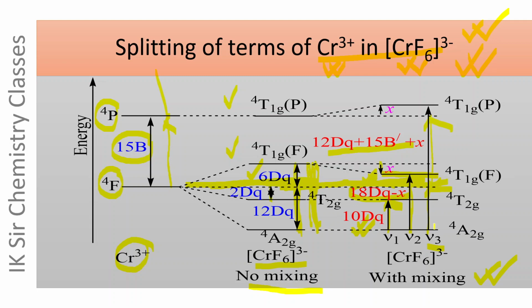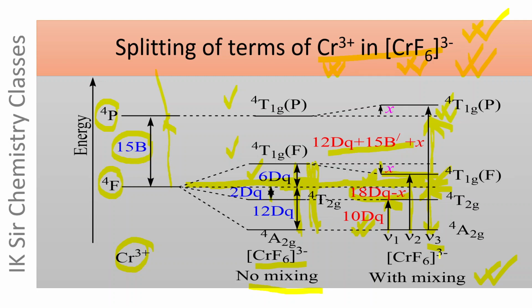This energy difference ν3 is equal to the sum of this energy, which is 12 Dq, plus this energy, which is equal to 15B', and this amount of energy, that is x.